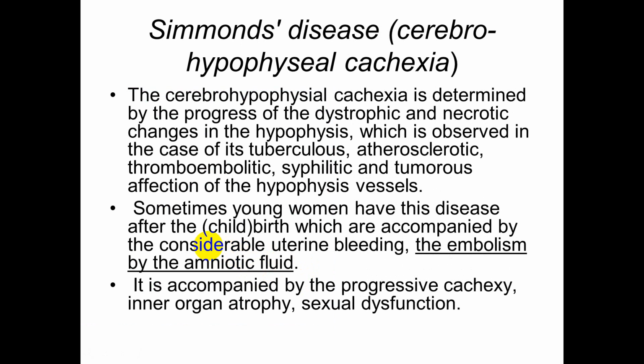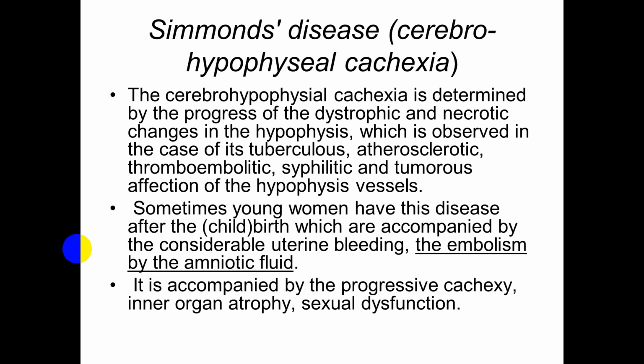The next disease is Simmonds' disease, or cerebrohypophyseal cachexia. Cerebrohypophyseal cachexia is determined by the progress of dystrophic and necrotic change in the hypophysis, which is observed in the case of tuberculous, atherosclerotic, thromboembolic, syphilitic, and tumorous affection of the hypophysis vessels.